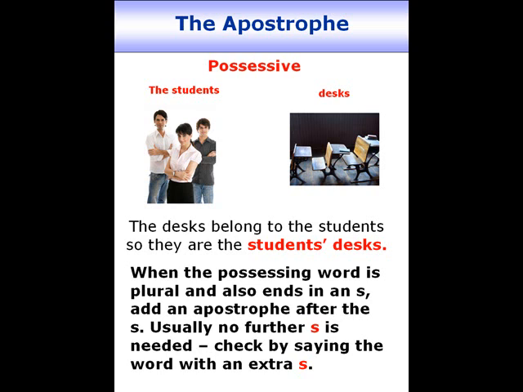When the possessing word is plural and also ends in an S, add an apostrophe after the S. Now, usually no further S is needed, but check by saying the word with an extra S just to make sure. So, would you say they are the students's desk or the students's desks? Well, clearly it's not students's, so we can just use students, S apostrophe.